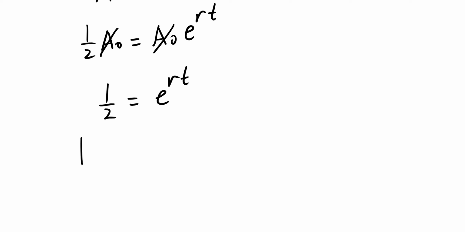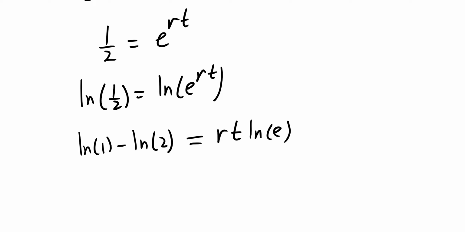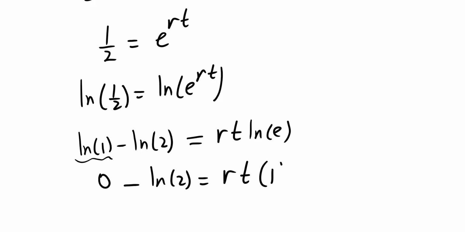If I take the natural log of both sides, the natural log of 1/2 is ln of 1 minus ln of 2 by the quotient rule, equals rt times ln e, and ln e is 1. So ln of 1 is 0 minus ln of 2 equals rt times 1.